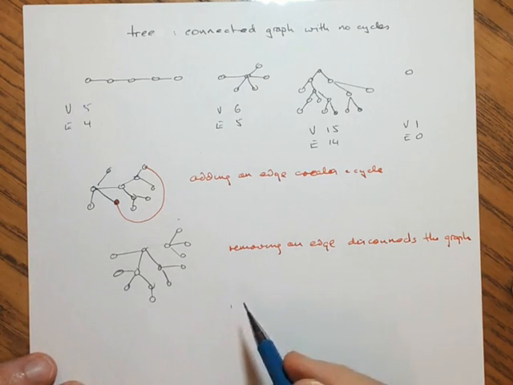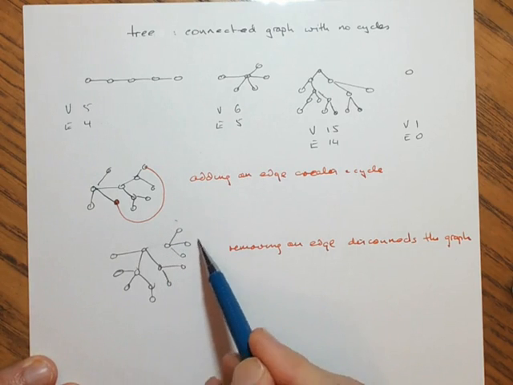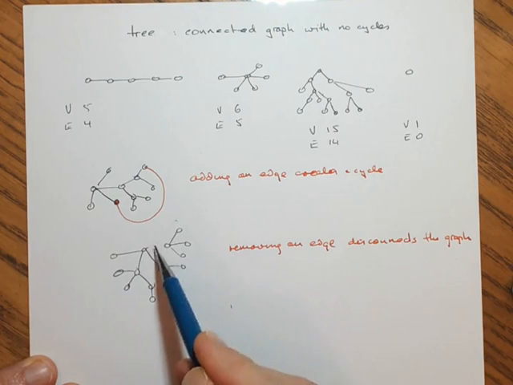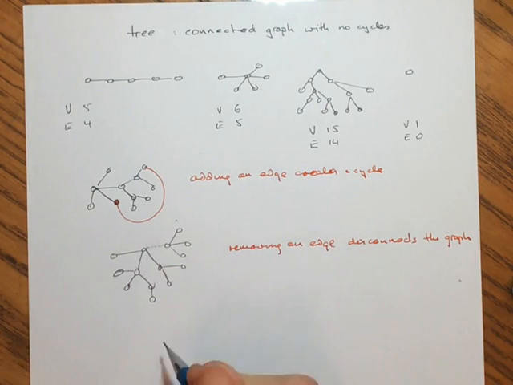Actually, we should do another one of those just to show you, so you can see that here's one component and here's another component after we've removed that dotted edge. I'll do that again because suppose I just take a smaller tree like that, and suppose we try and remove this edge.